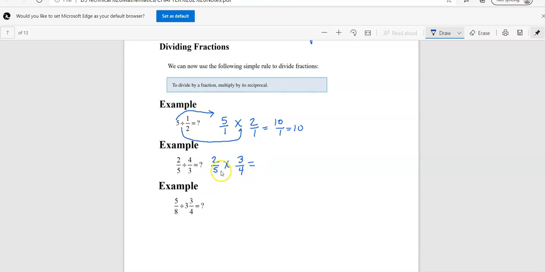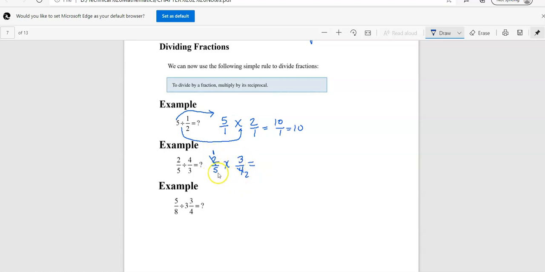Now, we talked about this before. It's smarter to go ahead and reduce up front than to have to reduce in the end. So if there's anything that has anything in common with 2, I'm noticing that the 2 and the 4 have something in common. If it's on the top and the bottom, we could say 2 divided by 2 is 1. 4 divided by 2 is 2, so those two had something in common.